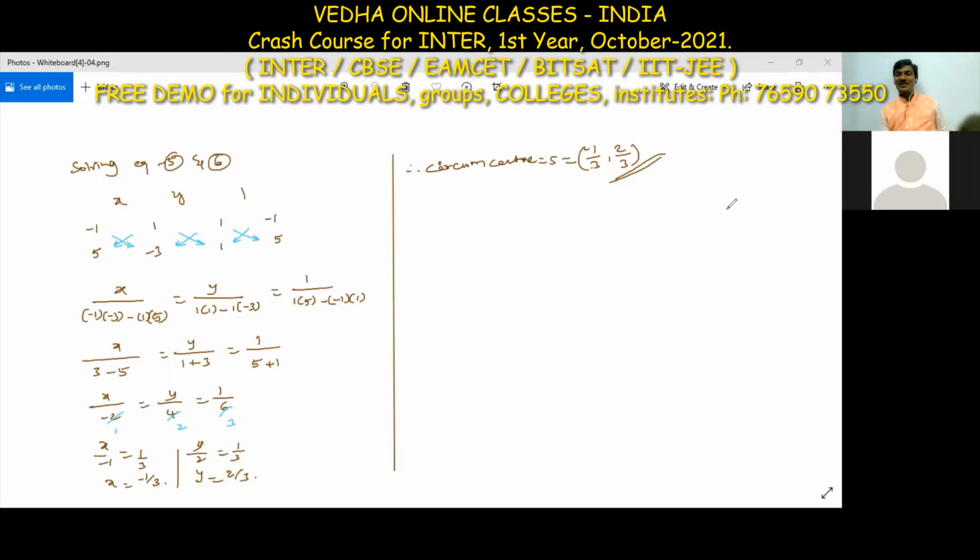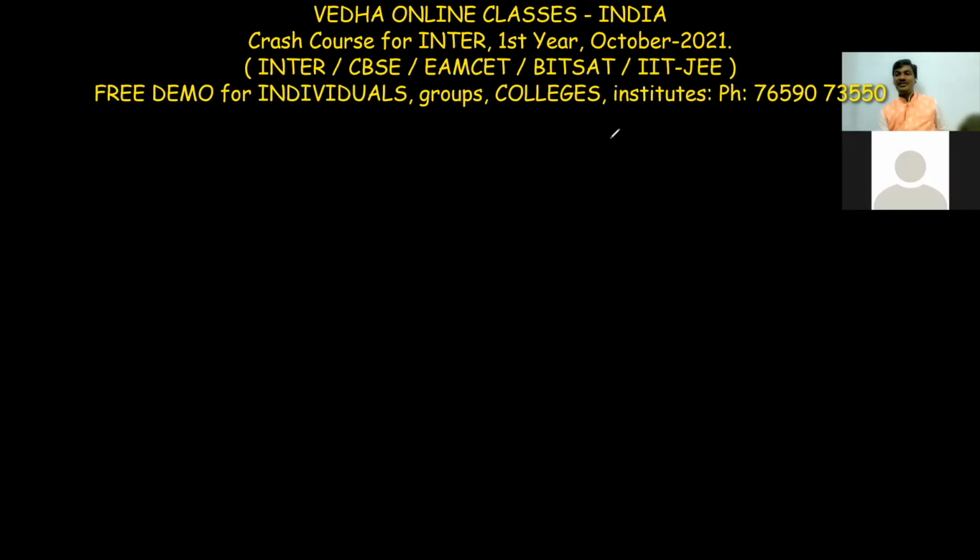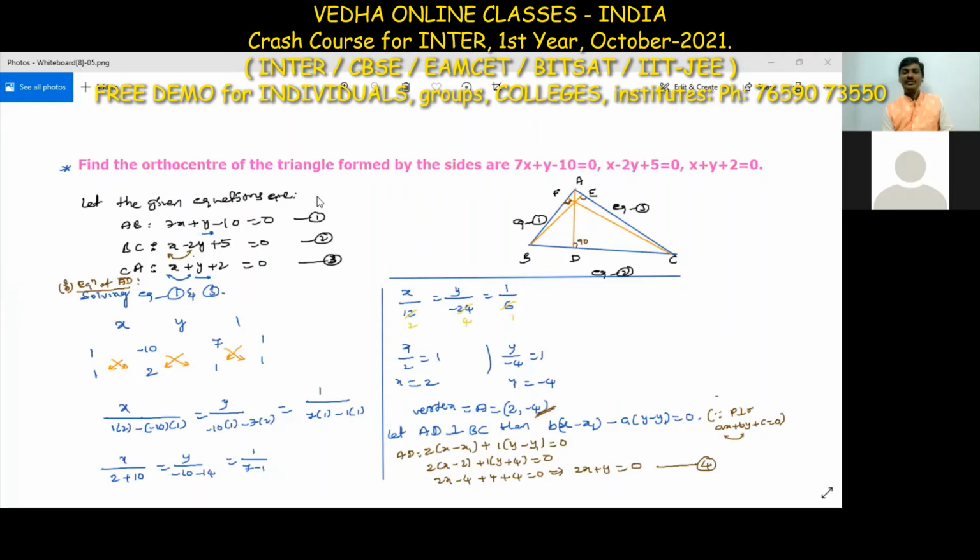Okay, so next, the orthocenter is nothing but the intersecting point of the perpendiculars, the altitudes. If you take the diagram here, just look at the diagram. From point A I am drawing the perpendicular altitude to BC.